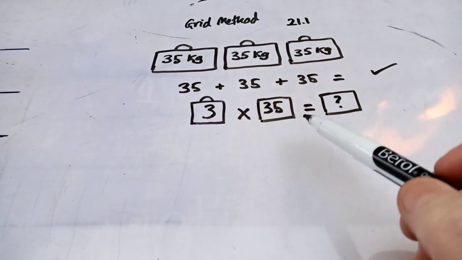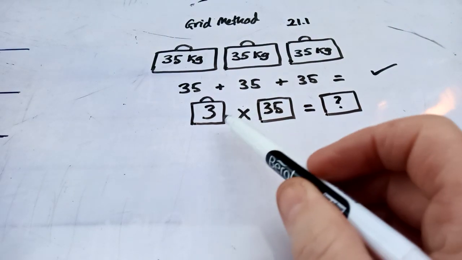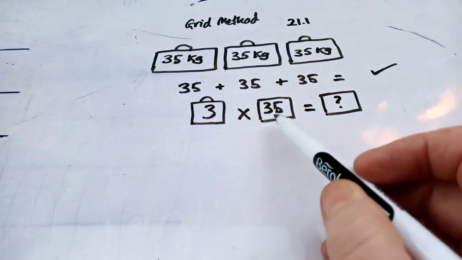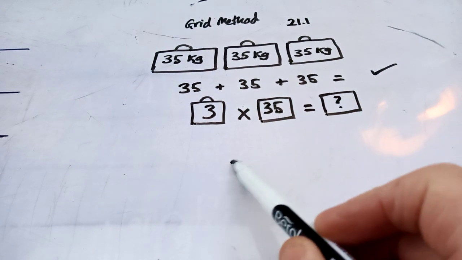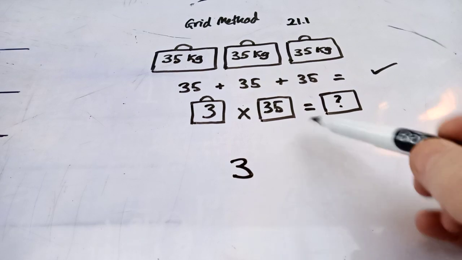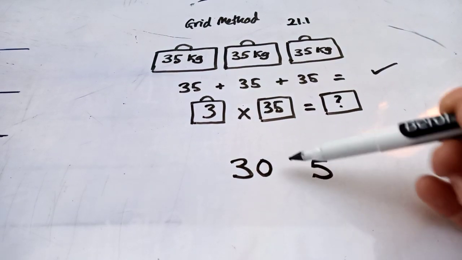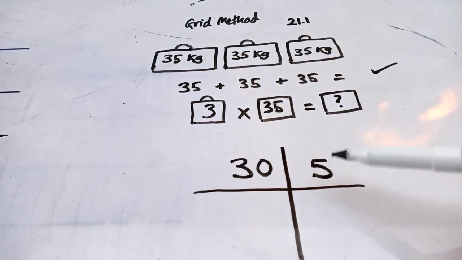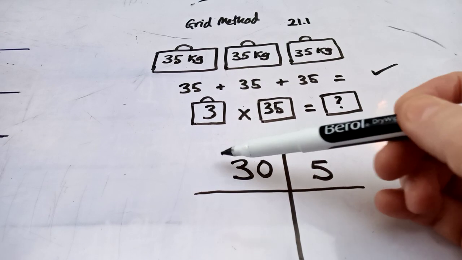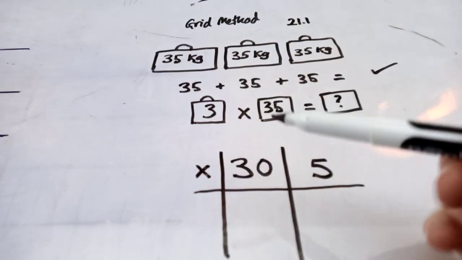Right, today I'm going to show you the grid method. Now, you will need to take these numbers and you're going to set them out like this. You see your bigger number here, your 2-digit number. I want you to partition it and put it in like a grid. So they're my 1s, they're my 10s, and I'm going to put the operation there, which is multiplication.